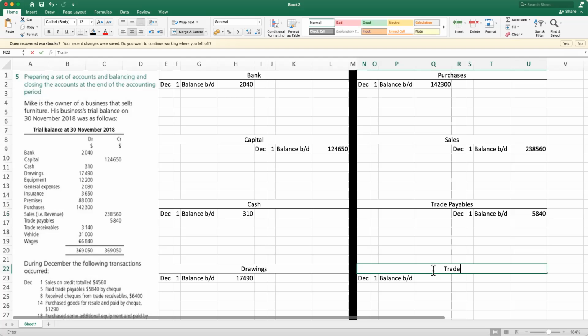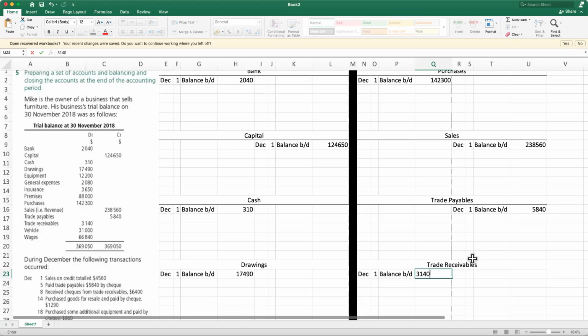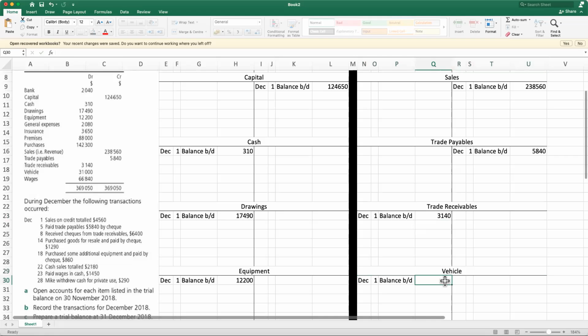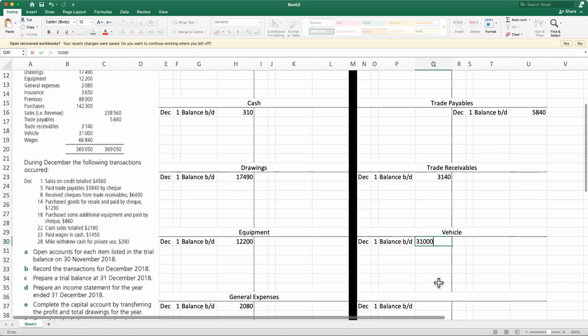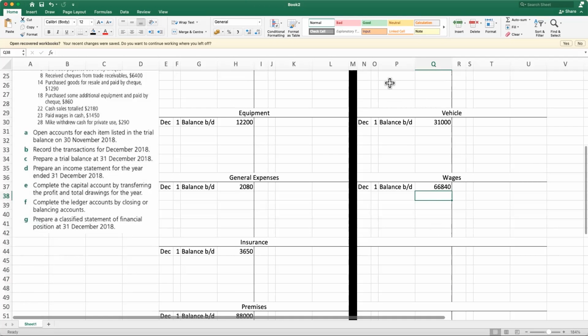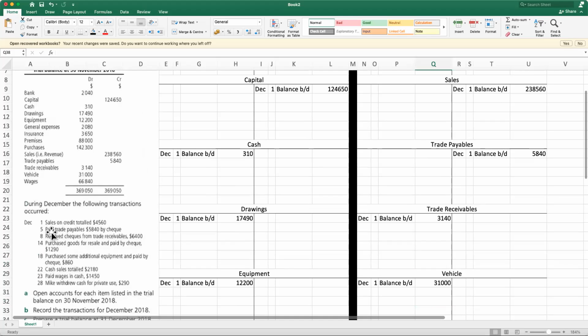Trade receivable, 2,140. Vehicle, 31,000. Wages, 56,140. So once you've done all your balances, then start recording all these things.